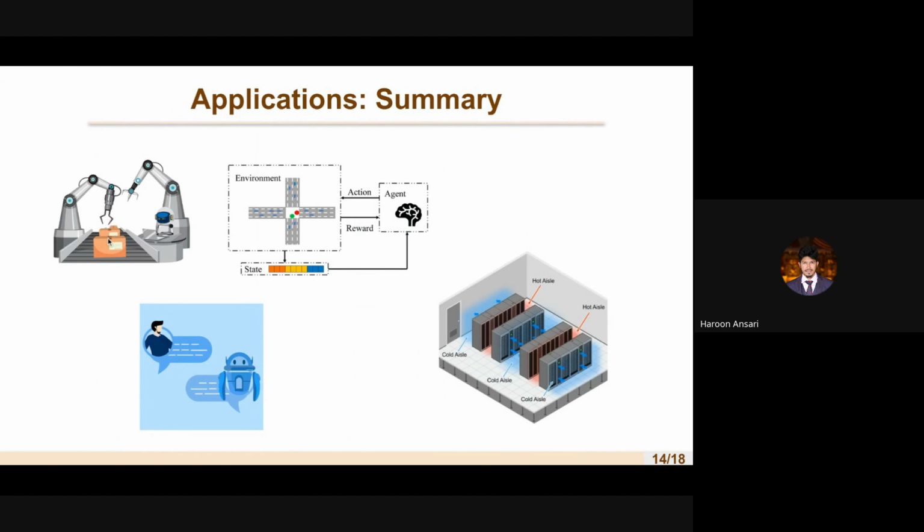So all these things are the agent, and everything they are observing is the state, like the environment, and they are taking the action, learning the policy, improving over time. Similarly, RL is widely used in the industry, mainly in robotics, for automating the tasks that humans were doing, and it is performing very well in many industries.